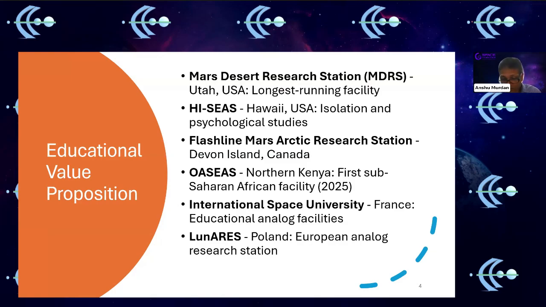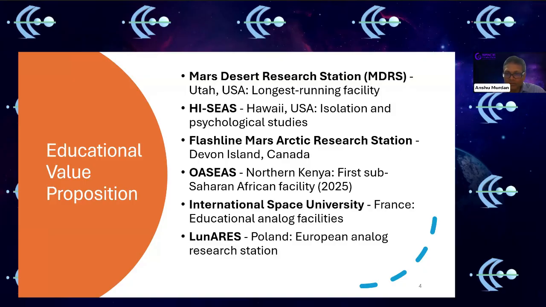You have the station in northern Kenya. This is the one we would be interested in because it is happening right now, and I think Dr. Claire Nelson has already spoken about this. This is the first analog station for Africa, and it targets local capacity building as well as global, inclusive research.